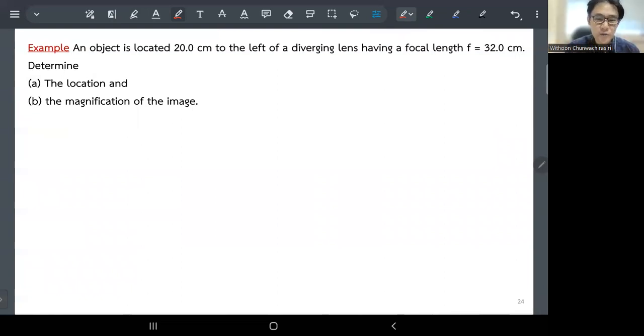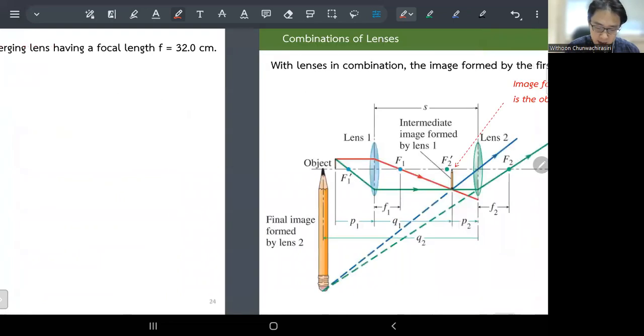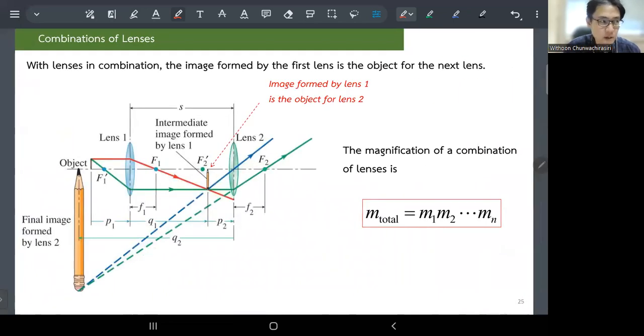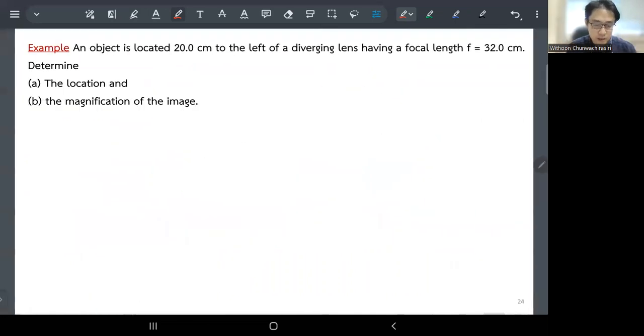If you understand how to apply this one, then next time we just look at simple combinations of these lenses or mirrors to generate some instruments or devices, and you understand how this whole thing can be used to analyze the final images. I think that's good enough for me, right? Don't need to go too deep on this. All right, guys, give it a shot and see if this works for lenses.